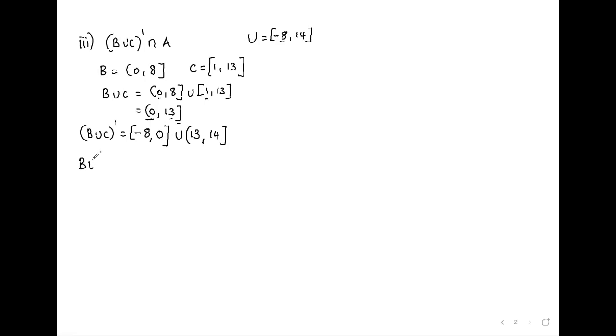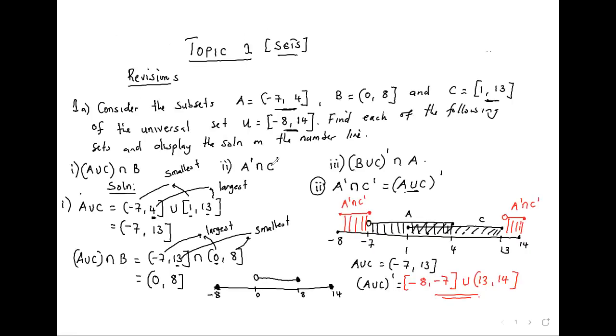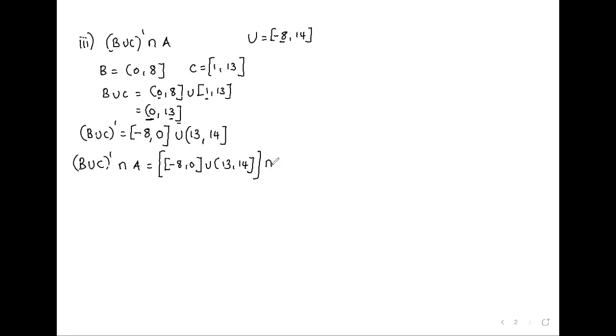So now I want (B union C) complement to be intersected with A. What is A? A is from -7 to 4. So we bring in A, -7 to 4.